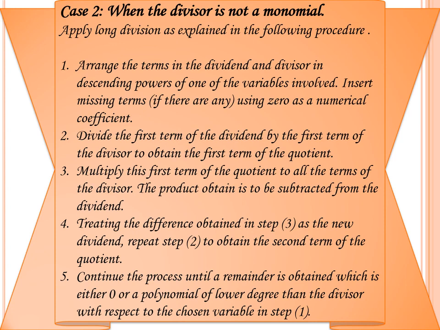And then we're going to repeat step 2 to obtain the second term of the quotient. And step 5, we're going to continue the process until a remainder is obtained, which is either 0 or a polynomial of lower degree than the divisor with respect to the chosen variable in step 1. Okay?